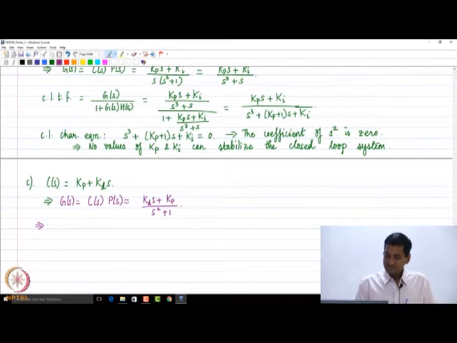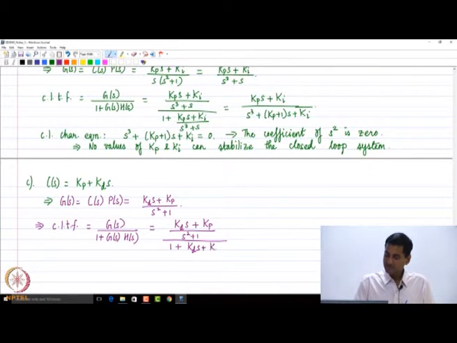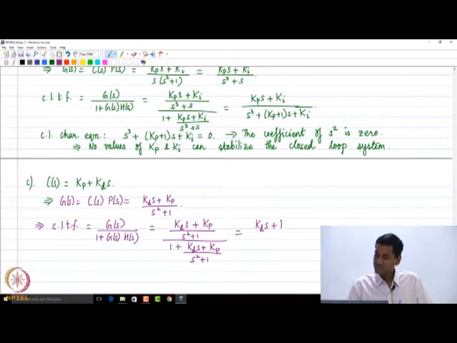So the closed loop transfer function is going to be equal to G(s) divided by 1 plus G(s) H(s). That's going to be equal to (Kd s plus Kp) divided by (s squared plus 1), the whole thing divided by 1 plus (Kd s plus Kp) divided by (s squared plus 1), and that's equal to (Kd s plus Kp) divided by (s squared plus Kd s plus Kp plus 1).